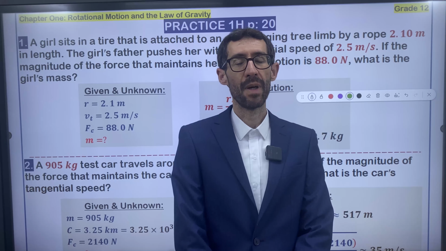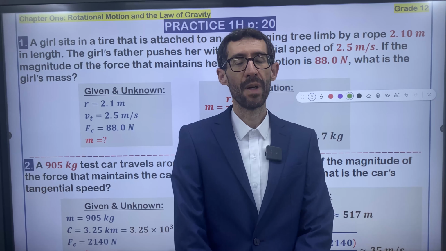Let me read the question again for you to guess what this information is. It says a 905 kilogram test car travels around a circular track. The car travels around like this. Let me draw it here. There's a square, and the car circles the square.